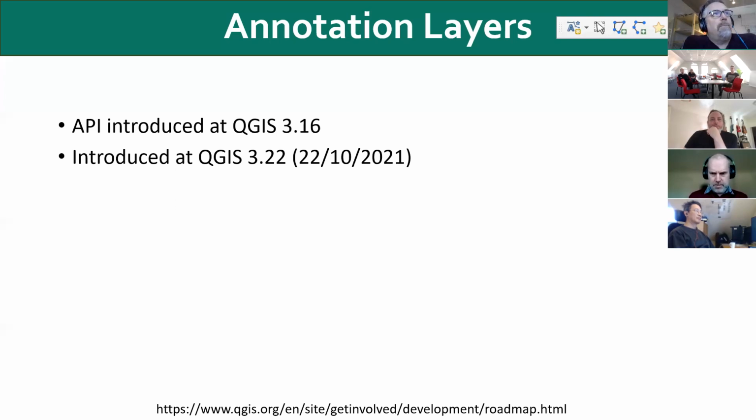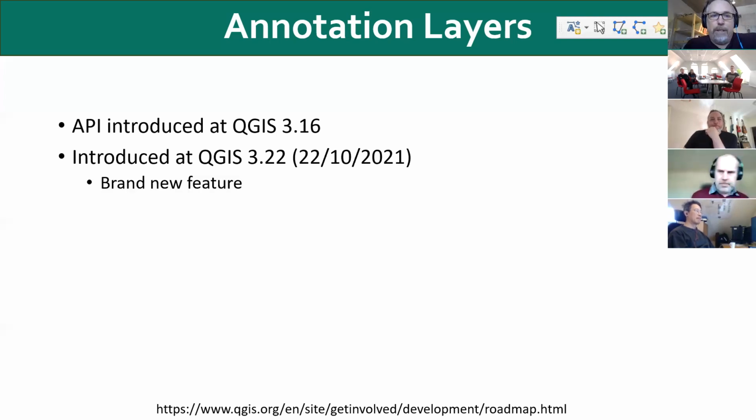So if you have a QGIS project that you develop annotations for, the oldest version those will still appear in would be 3.16. You could still open a 3.22 project or a 3.24 project with annotations in 3.16, and those annotations will be there because the underlying API still exists, even though the toolbar doesn't exist in 3.16. So if you open it in an older version of QGIS, they just won't be there.